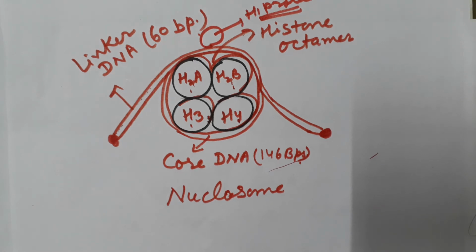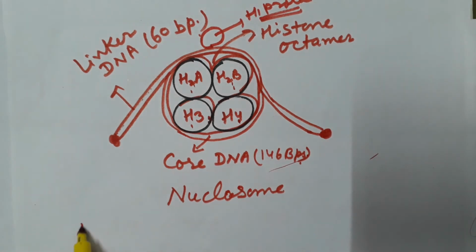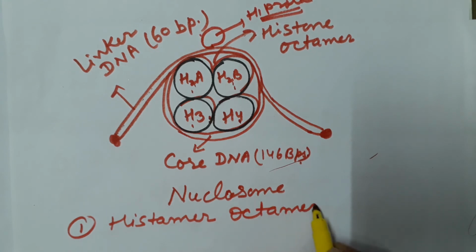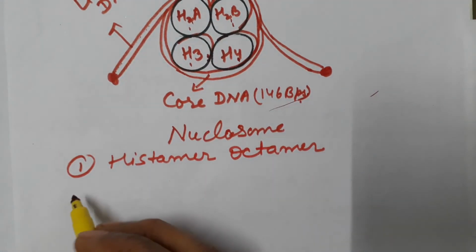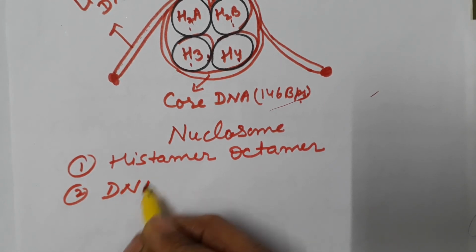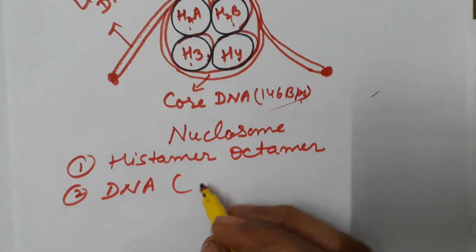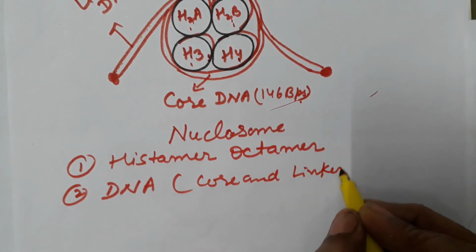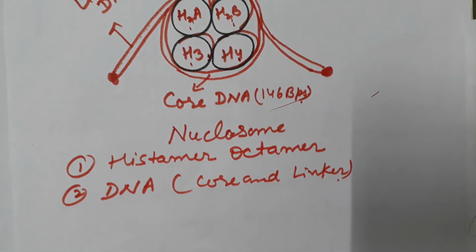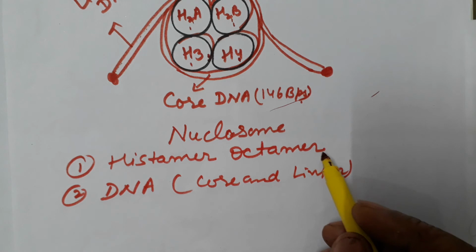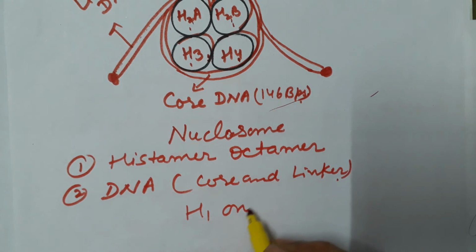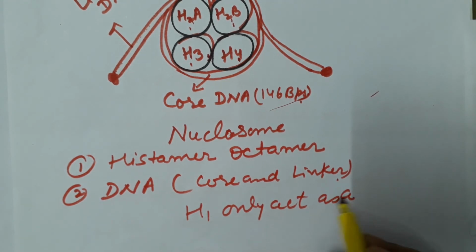So what is present in a nucleosome? The histone octamer and DNA, both core and linker DNA. In the histone octamer, we do not count the H1 protein. H1 only acts as a clamp.